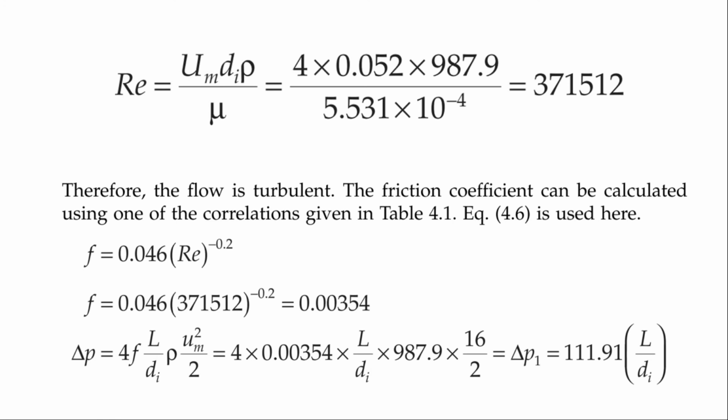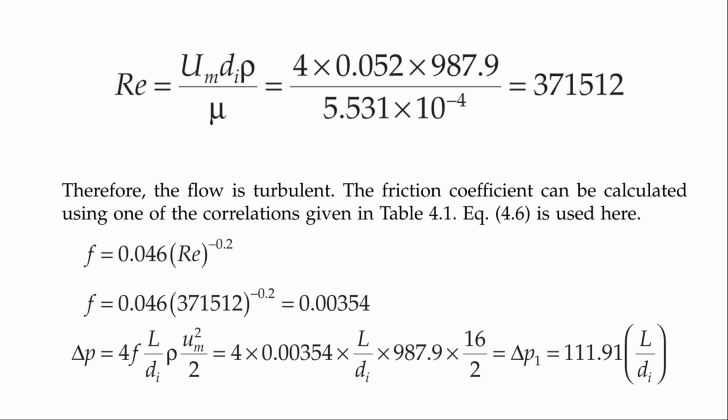For the turbulent region, you have to use this formula, which is equation number 4 in chapter 4, and after putting the value of the Reynolds number, you will get the value of the friction factor, which will be equal to 0.00354, right? And you have to use this friction factor value in the formula of the pressure drop, which was given in the second slide of this topic.